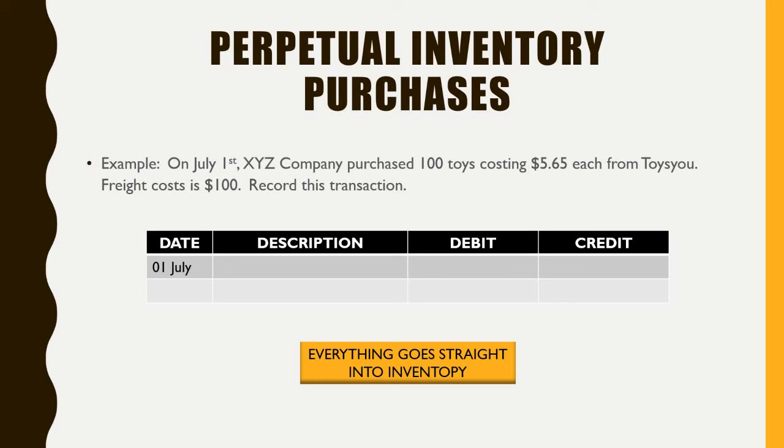So I want to break down my inventory account into more specific items such as toys, and I'm going to refer to my inventory as toys. Like I've mentioned before, my purchase goes in there, and every single cost associated with my inventory is all going to go into inventory. So with that idea, how am I going to journalize this? Any guesses?